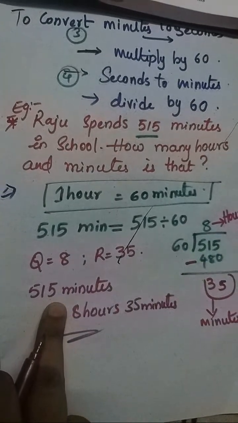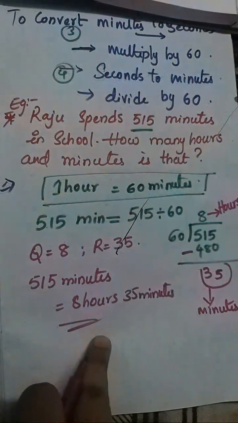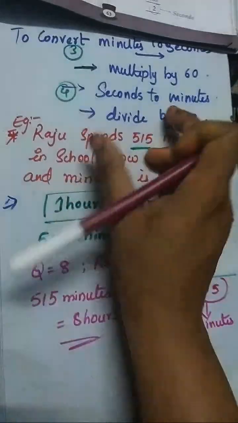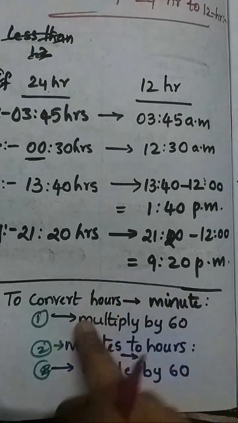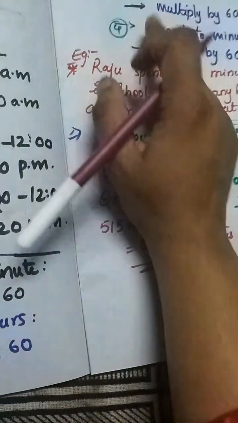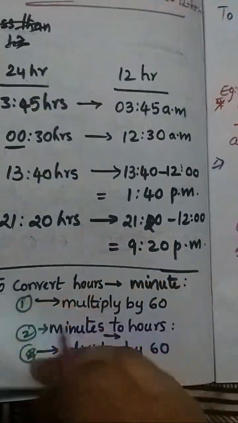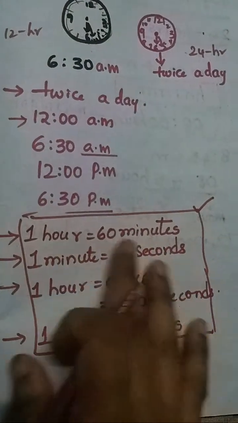We have converted minutes into hours and minutes. So like this we have to use the tips. Given here are points to remember, 4 points here, and this table we have to remember. Whenever we have to convert, we have to use this table.